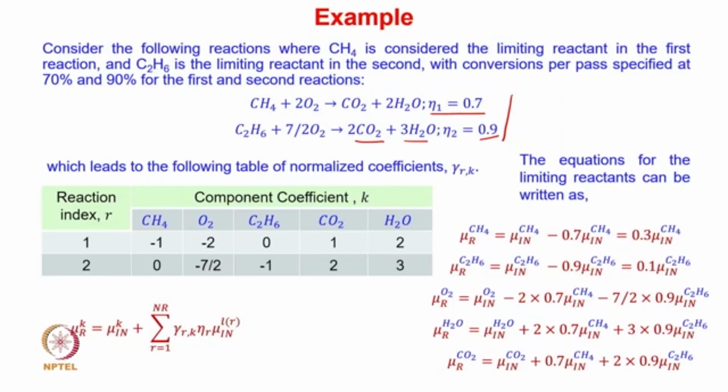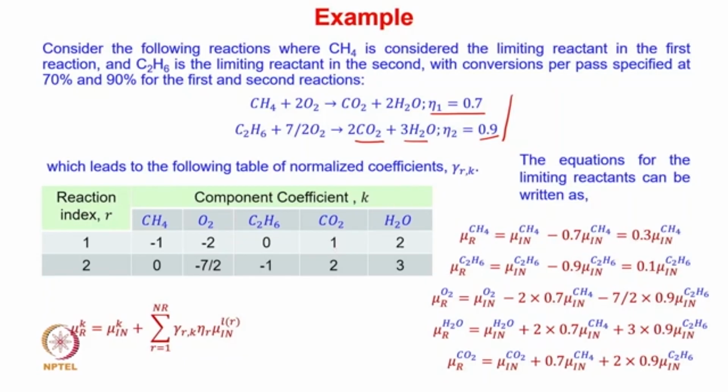Since there are two reactions, with respect to all the components their stoichiometric coefficients are written. You can see that CH4 is the reactant in reaction 1, so that is why its stoichiometric coefficient is taken as -1. Oxygen is a reactant, and that is why its stoichiometric coefficient is taken as -2. CO2 is getting produced here, so its stoichiometric coefficient is 1.